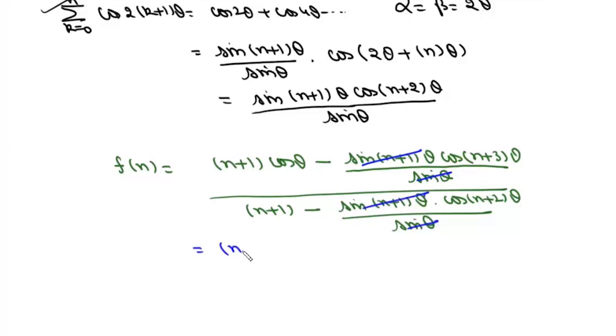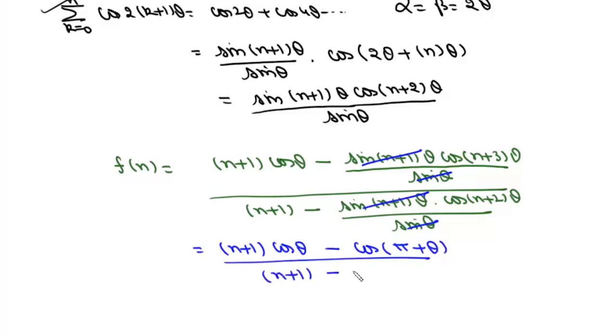and here we'll get this as n plus 1 cos theta minus cos. Now n plus 2 theta is pi, so it will be this pi plus theta, and here will be this n plus 1 minus cos pi.